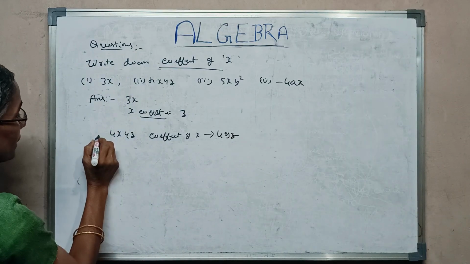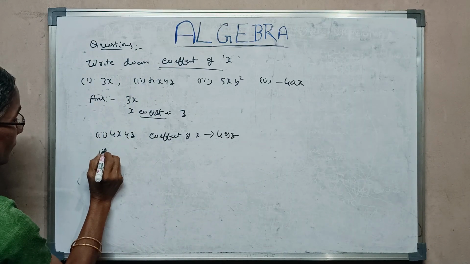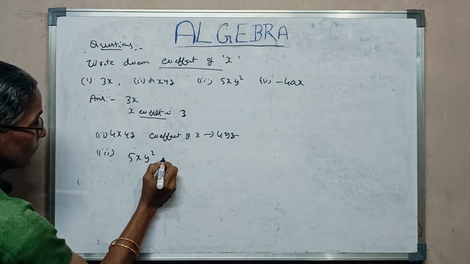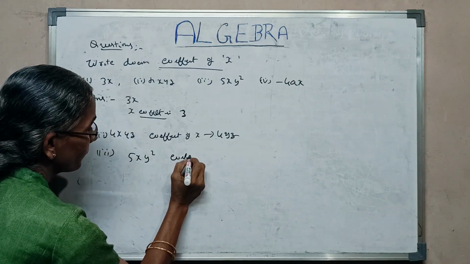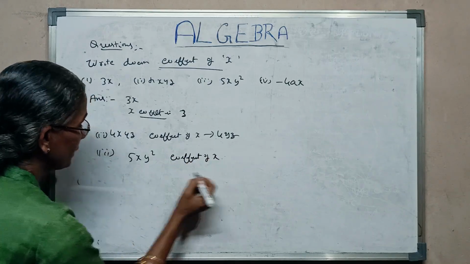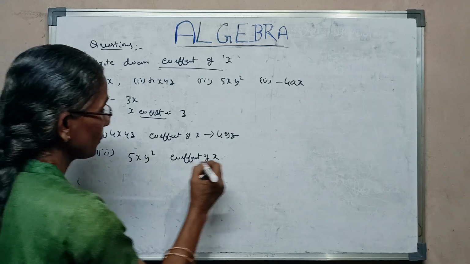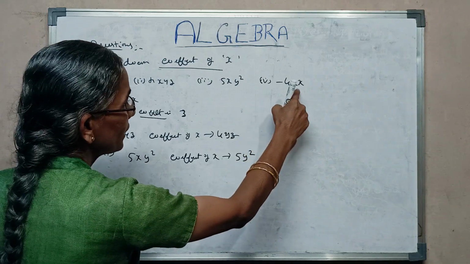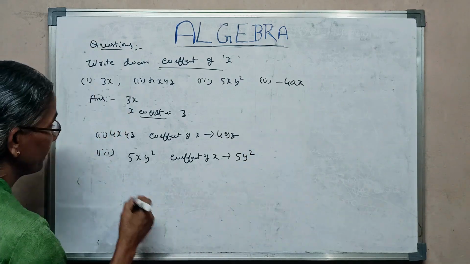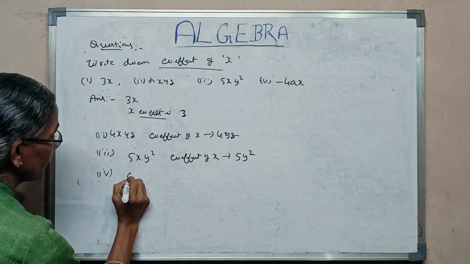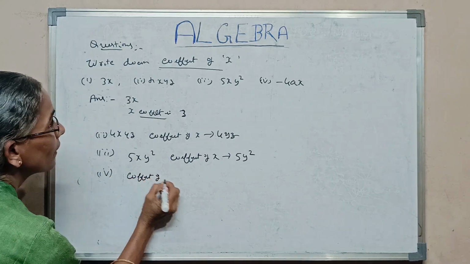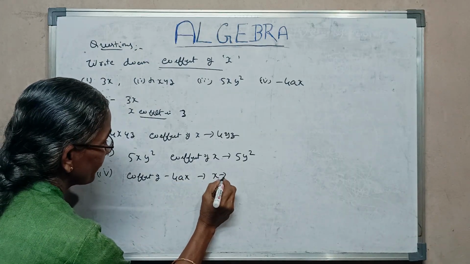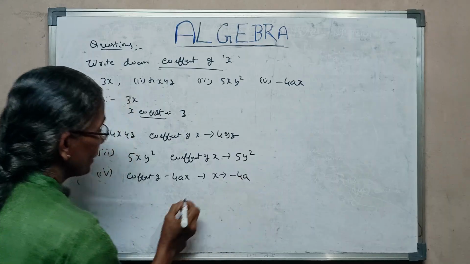In the third question, 5xy square, the coefficient of x is the remaining terms, 5y square. And in the fourth question, minus 4ax, the x coefficient is minus 4a.